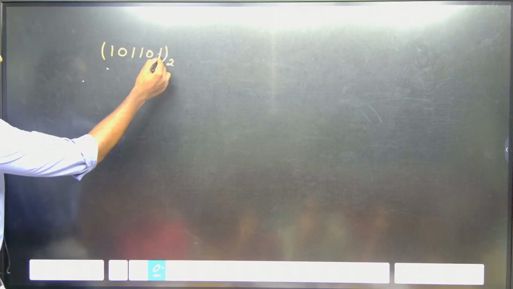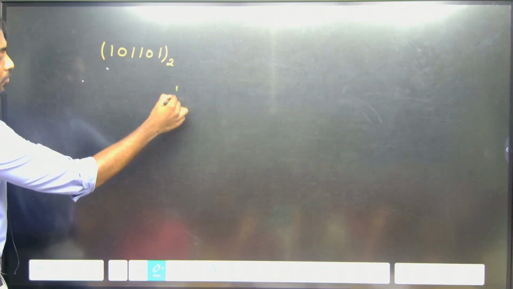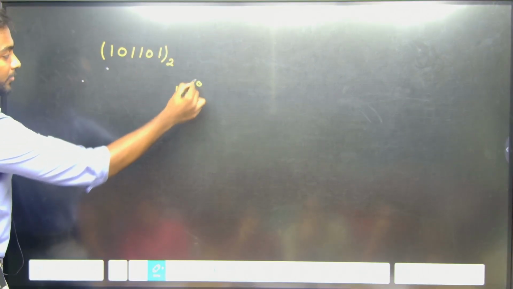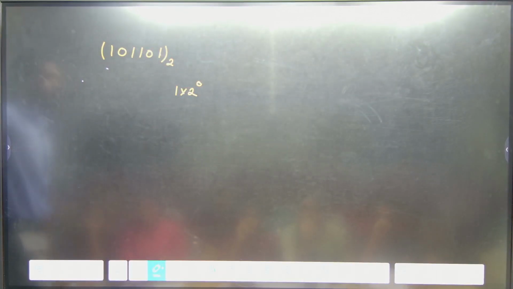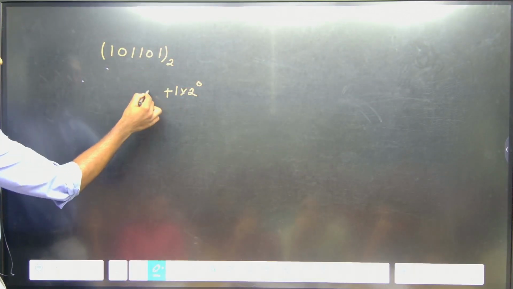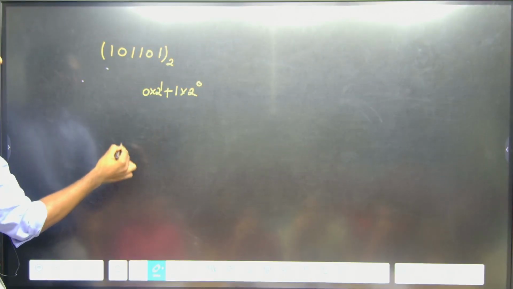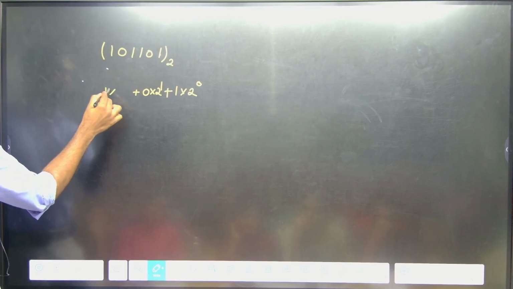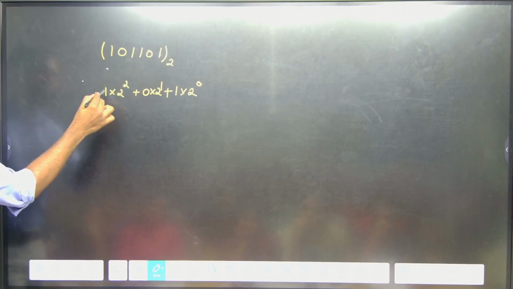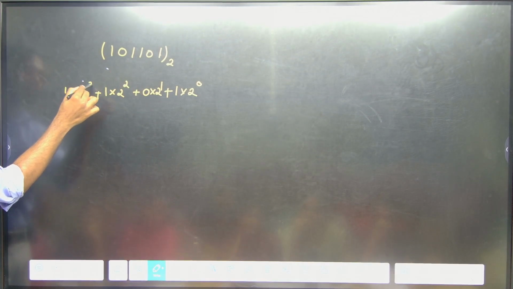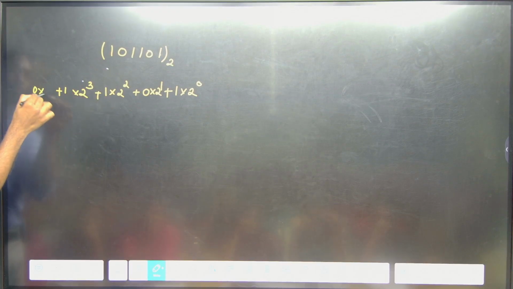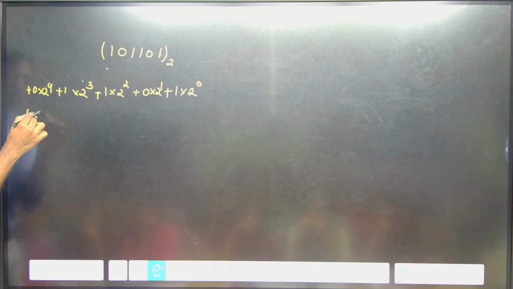Starting with 1, so 1 into 2 power 0, plus 0 into 2 power 1, plus 1 into 2 power 2, plus 1 into 2 power 3, plus 0 into 2 power 4, plus 1 into 2 power 5.